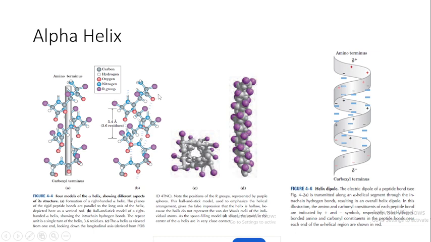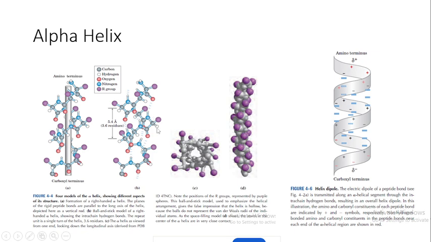So the CO group of the third amino acid will interact with the NH group of the seventh amino acid. That's why this bending occurs.